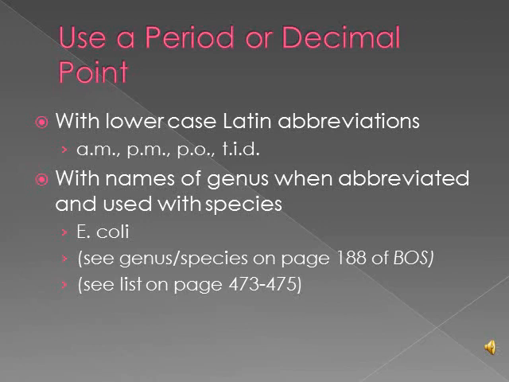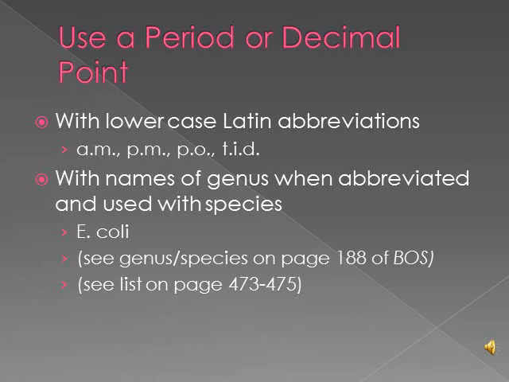P.O. meaning by mouth, t.i.d. means 3 times a day. But notice how those are separated out with periods. P period, O period, and lowercase t period, i period, d period. And that is how the AHDI Book of Style recommends them to be done. That's the preferred method there.